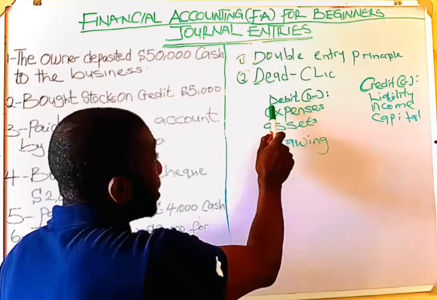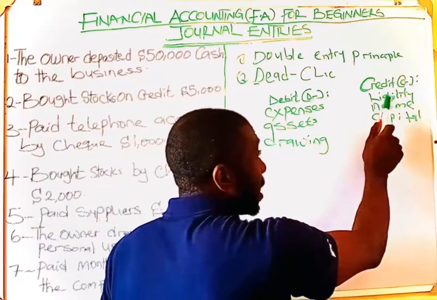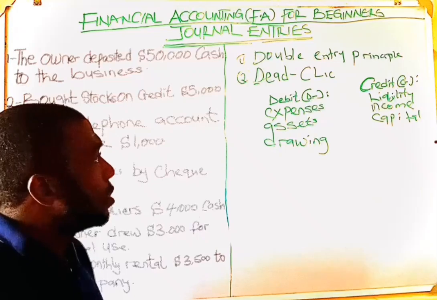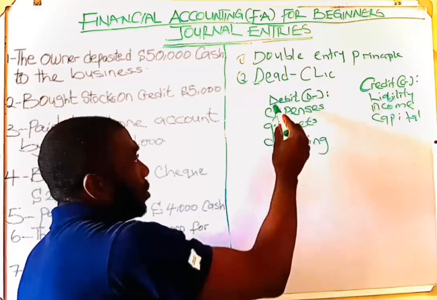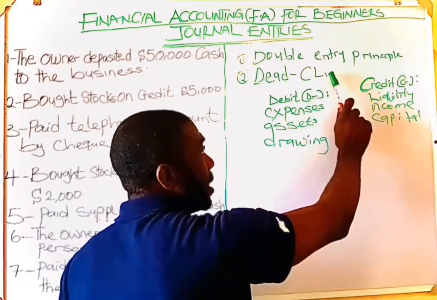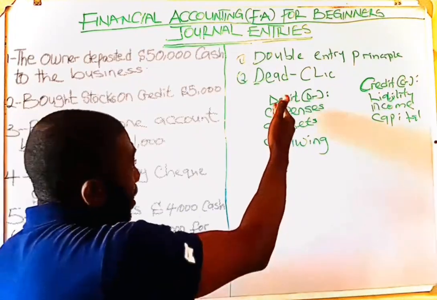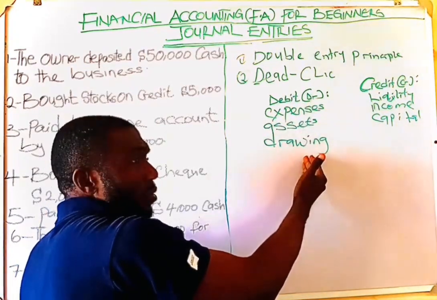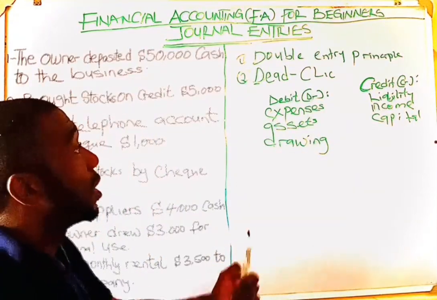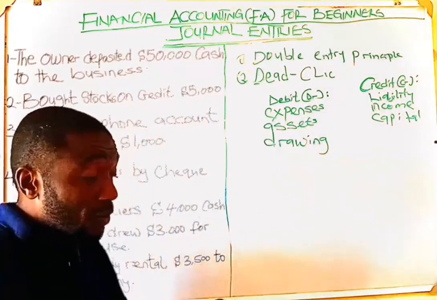Knowing that your debit consists of expenses, assets and drawing, and your credit is liability, income and capital, whenever you are getting confused, you call back: DEAD and CLIC. There is a level where expenses, assets and drawing will be credited, but not at this level. It is an abnormal situation that will make you do that. This is just for the beginner.